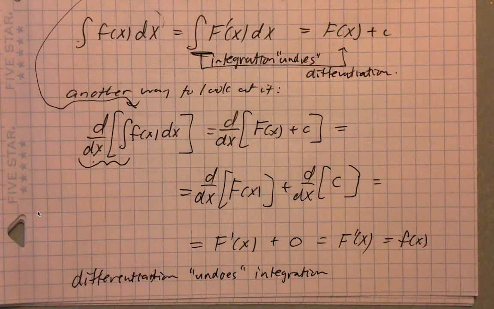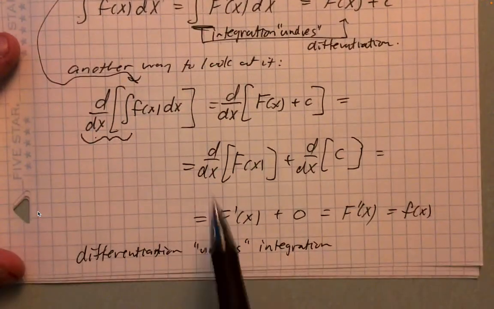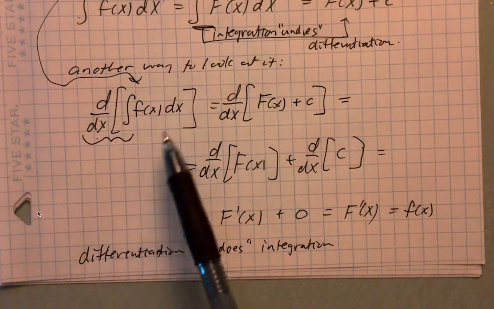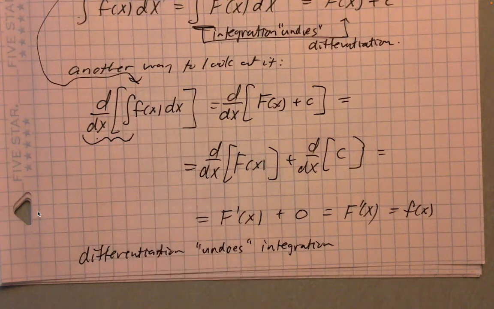And the act of doing that is in nature the reverse of differentiation. It undoes differentiation. And conversely, if I have a class of antiderivatives, when I differentiate them, I get back to the original function as well, right?